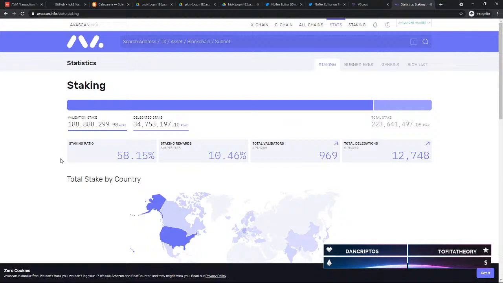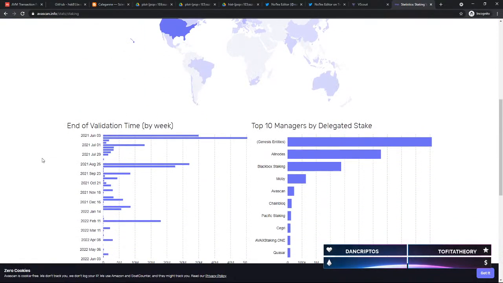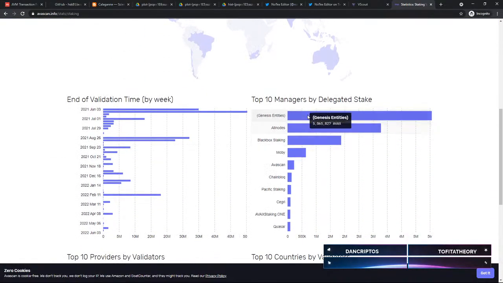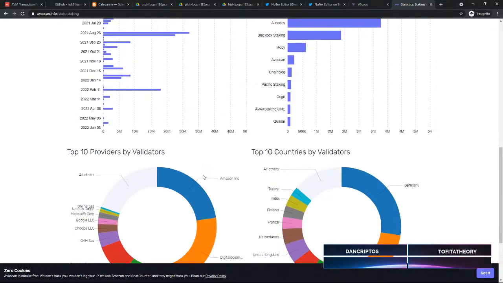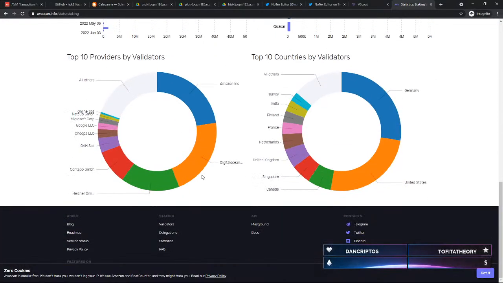Oh, there we go. You see, US is dominating, country domination you have. But this is delegated stake. They don't do own stake. If you go down, you see top 10 countries by validators, top 10 countries by operators, something like this. Wow. Google's got a hefty amount. Microsoft does too.